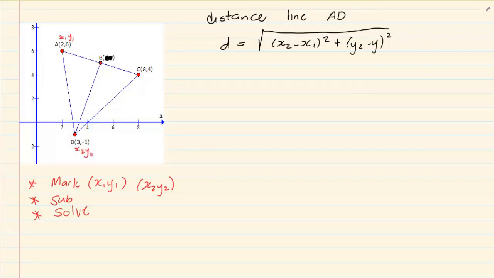Now remember, it doesn't matter which one is x1 and which one is x2. What does matter is that you will not mix your 1s and 2s. So when you have x1, then you must have y1. You can't have x1 and y2. Now, once we marked our x1, y1, x2, y2, we're going to substitute into the formula.